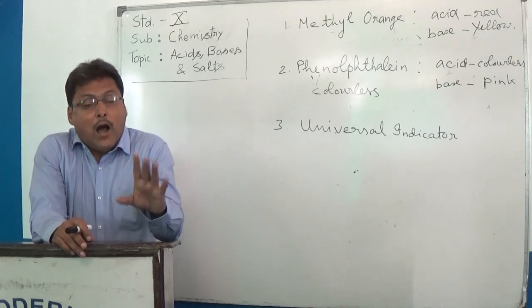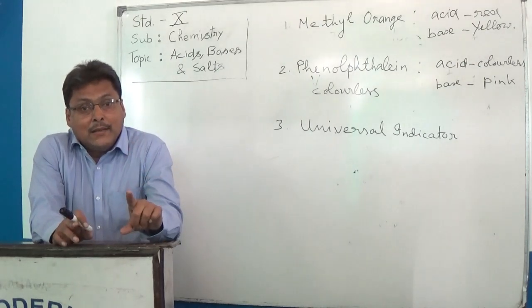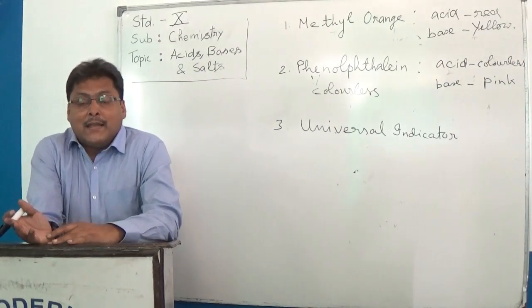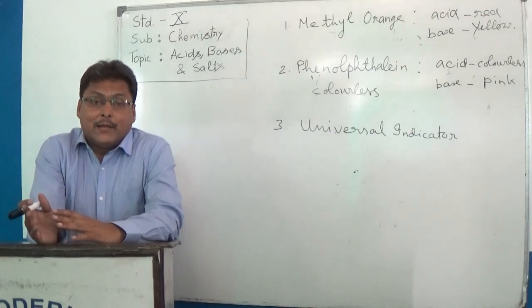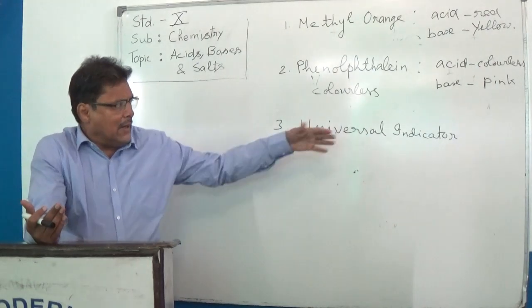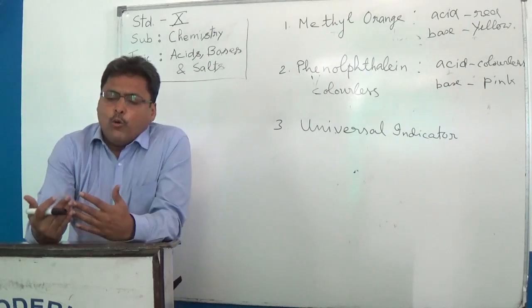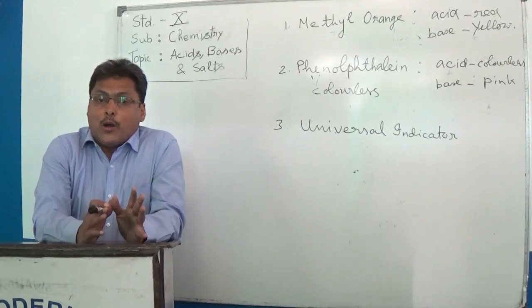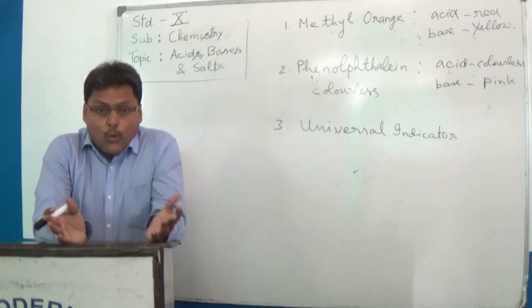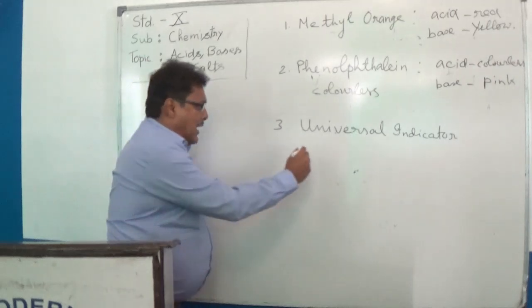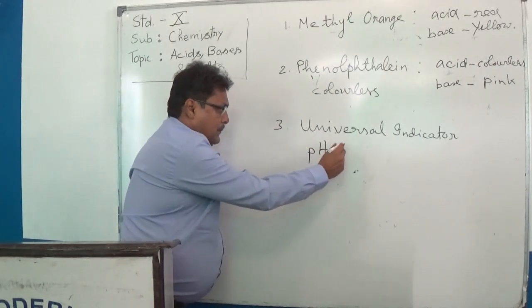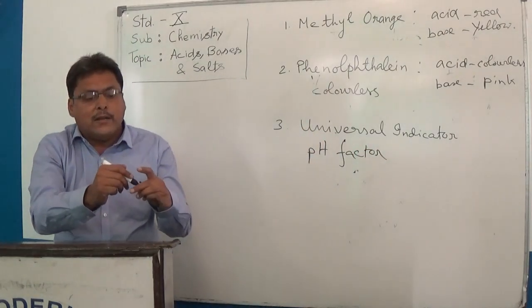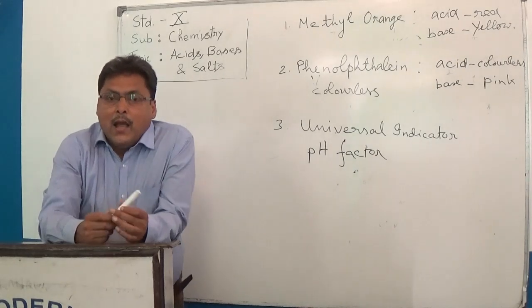It also tells you how strong an acid is or how weak, and also how strong a base is and how weak. We will discuss the pH factor of acidic and basic solutions. At that time we will detail this universal indicator a little more.